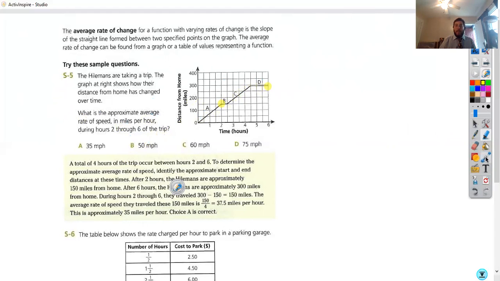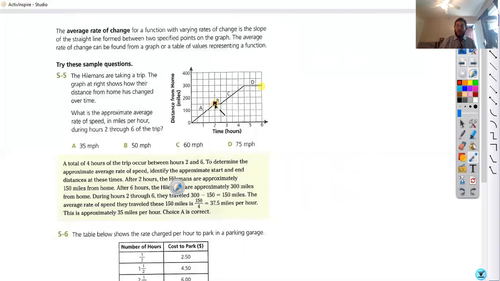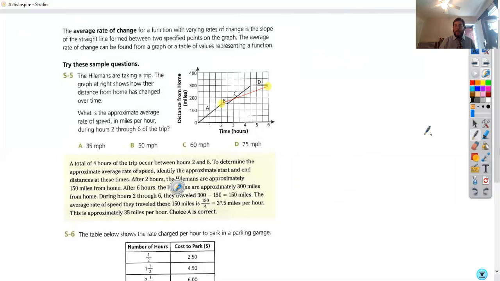So if we want to find the average rate of speed here, we're taking that straight line from B to D, and we're finding the slope of that line. So we take our point at D, which is 6 and about 300, and we're going to find the slope with our point at B, which is 2 and 150. So this is our x2, y2, our point 1, x1, y1.